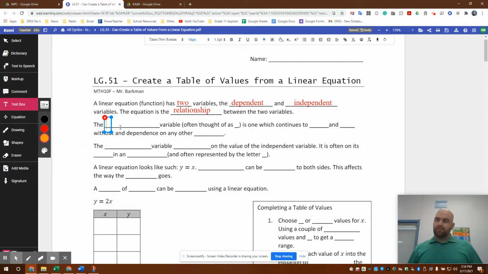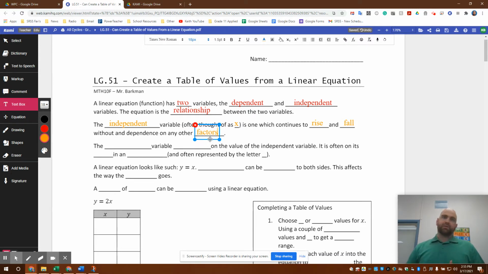Now, the independent variable, which we often use x for. If you see x, that's usually the independent variable, the one that continues to rise and fall without any dependence on any other factors.